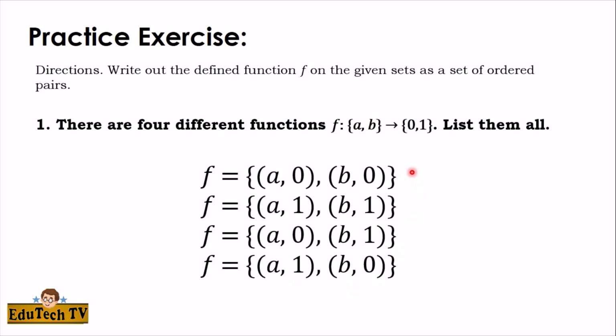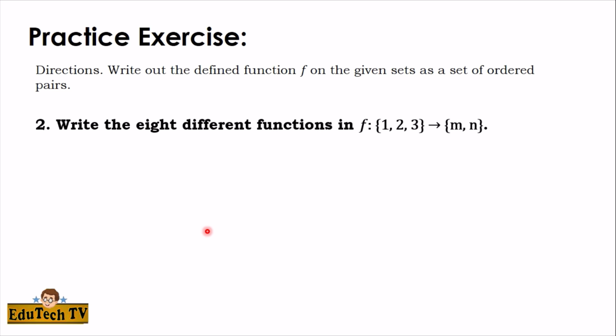So as you notice, lahat nito ay functions. Kasi yung mga x natin ay hindi nauulit. Though naulit yung 1, 1. Okay, so same pa rin doon sa last function. So there are 4 different functions here. Now let's proceed to number 2.